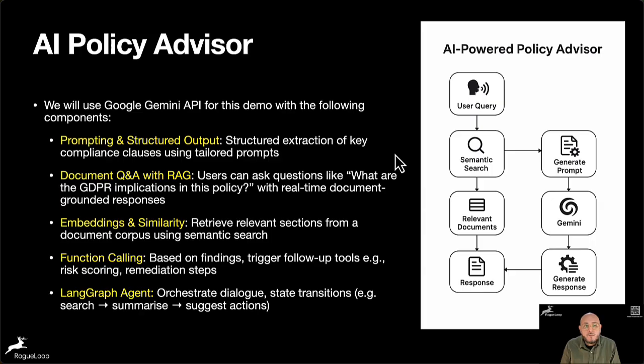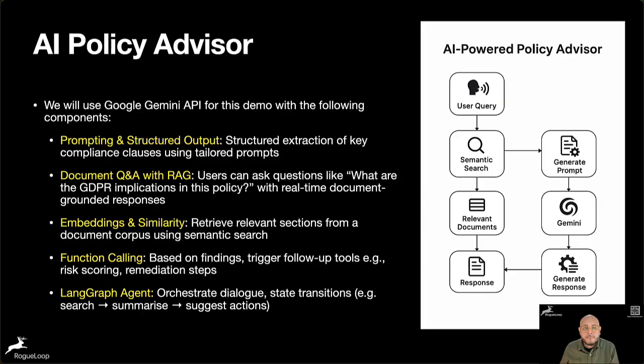We're going to be using embeddings and similarity to retrieve relevant sections from a document corpus with semantic search. We're also going to be using function calling, based on findings, to trigger follow-up tools, for example, to do some risk scoring and remediation steps. And finally, we're going to be using a LangGraph agent to orchestrate the dialogue and manage state transitions.